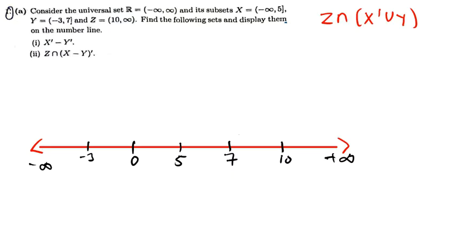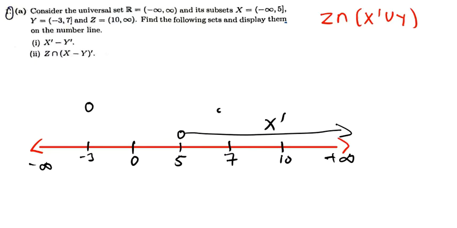What I mean is, what is x complement? You remember we had x complement from 5 not included all the way to positive infinity. So it's going like that. That is x complement. What of y? Y, we said, is from negative 3 all the way to 7. Negative 3 not included, 7 is included.